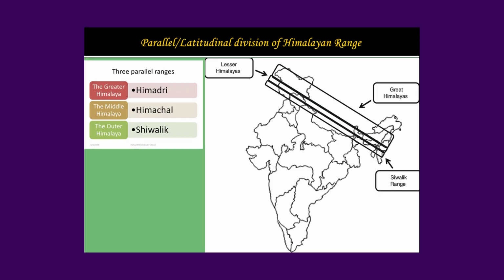In this latitudinal extent, the Himalayan range consists of three parallel ranges. First, Greater Himalayas or Himadri. Second, Lesser or Middle or Himachal Himalayas. The third one, Outer Himalayas, also known as Shivaliks.